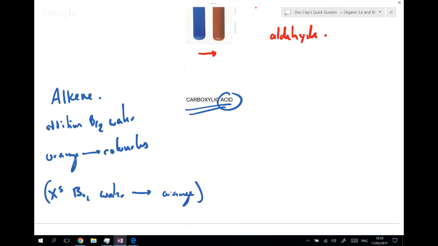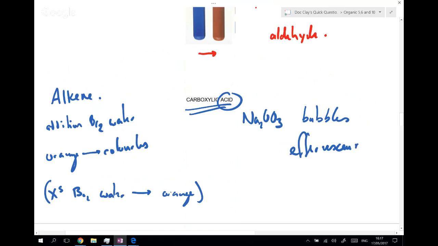The test there is sodium carbonate, or in fact any carbonate, but often used is sodium carbonate, often as a solution, and the description that you're going to use is either bubbles, I tend to use bubbles because I always struggle to spell this word, effervescence, forming.